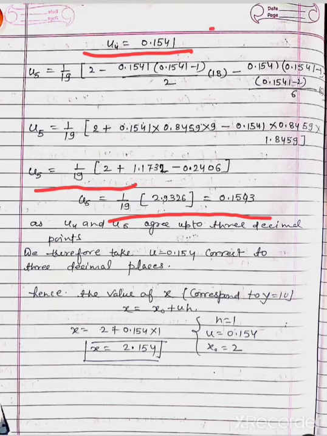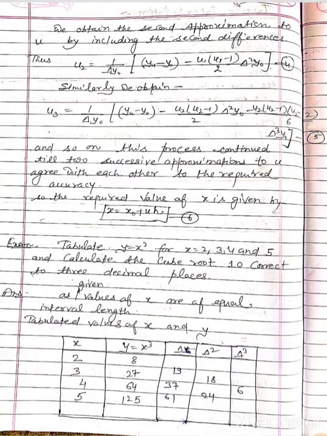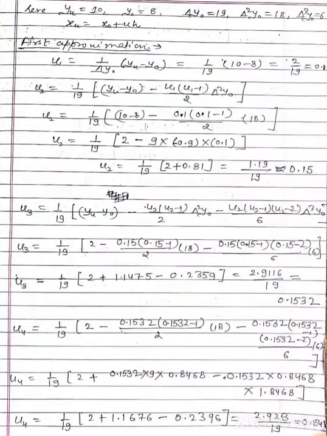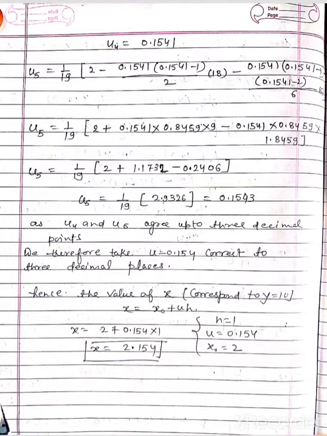So we can see from here that the values of u4 and u5 agree up to the 3 decimal places, and the asked value of x was correct to 3 decimal places.